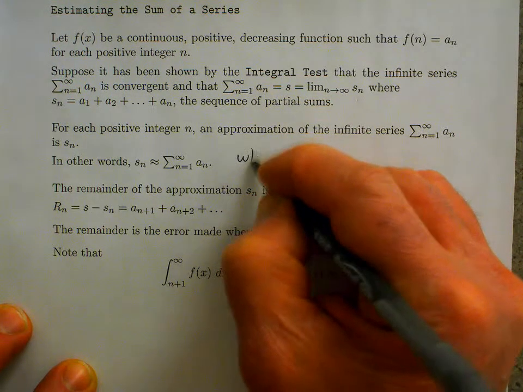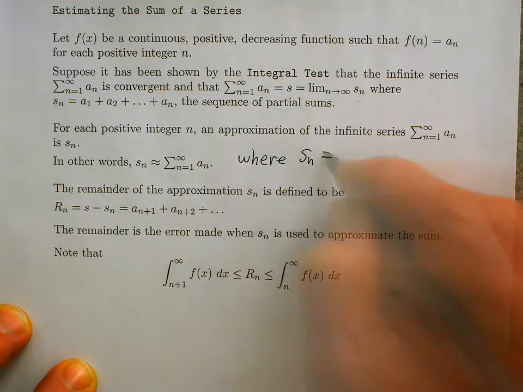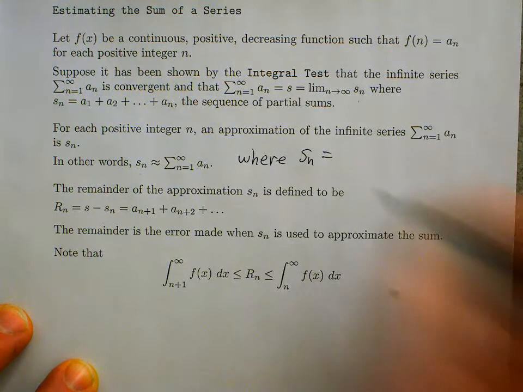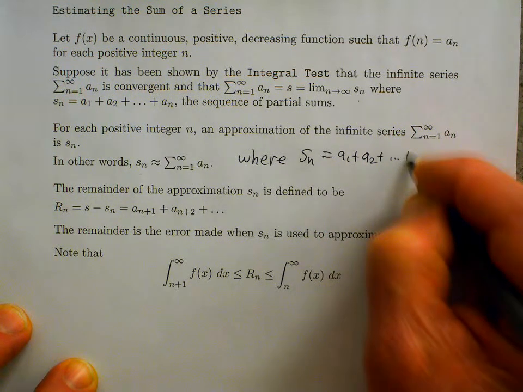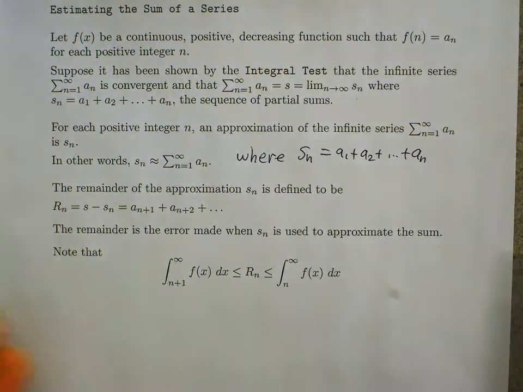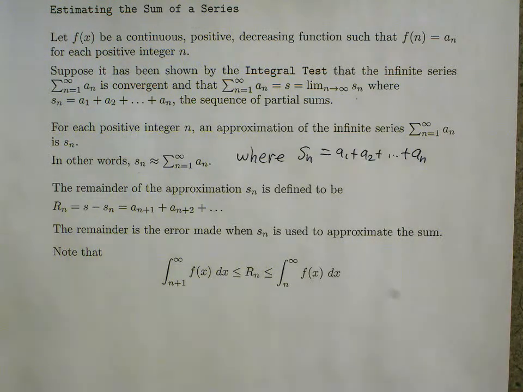I'll just remind you again, what's S sub n? The sequence of partial sums: a1 plus a2 plus dot, dot, dot, up to a sub n. And the larger the n, the better the approximation, as you would expect.